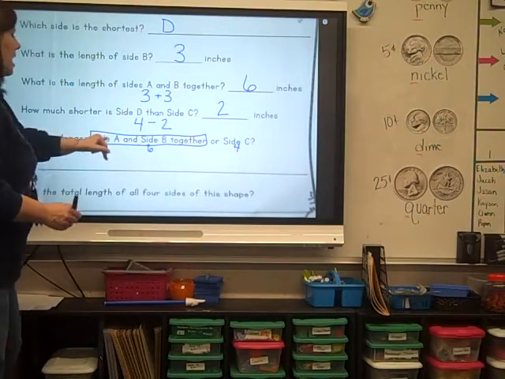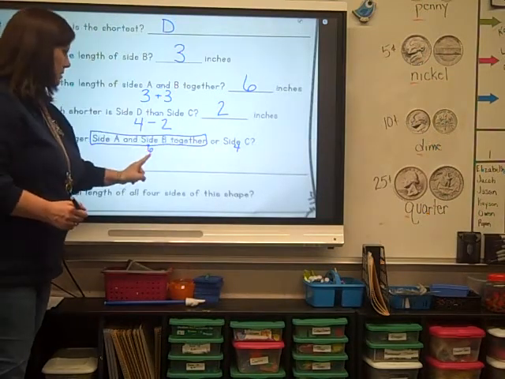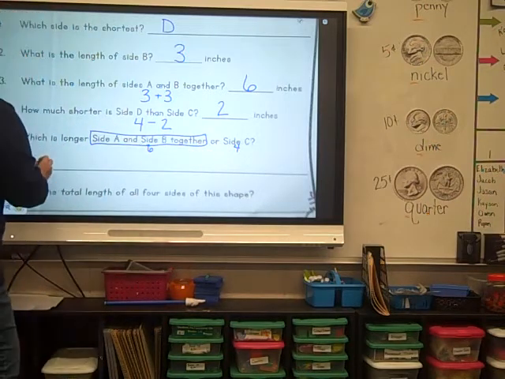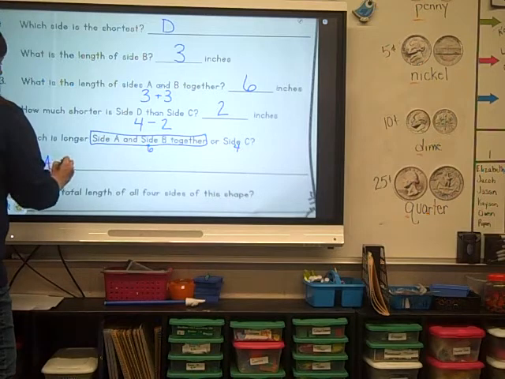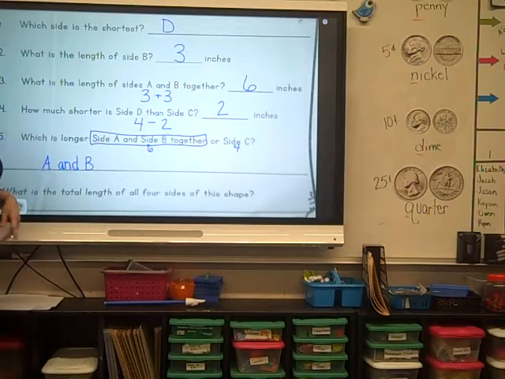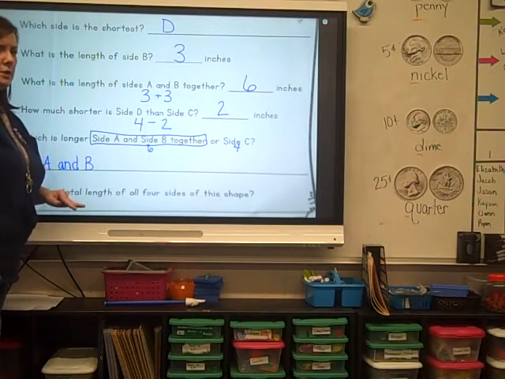So which is longer? A and B or just C? Well, what's bigger, 6 or 4? Right, 6. So I'm just going to put A and B is longer. Okay? I'll give you a second to write that. We've gone pretty quick, guys. I hope everybody's doing okay. Remember, you can stop the video anytime you need more time.